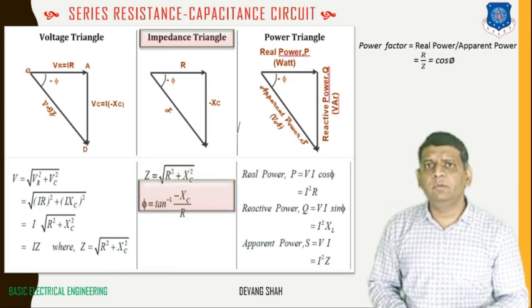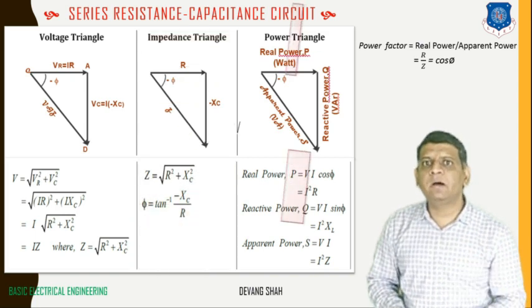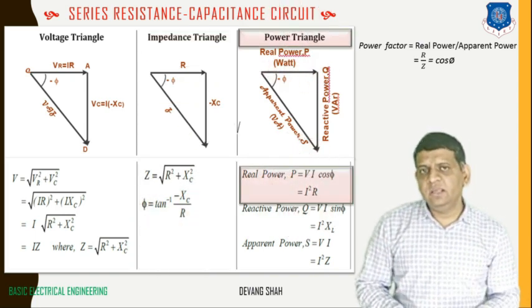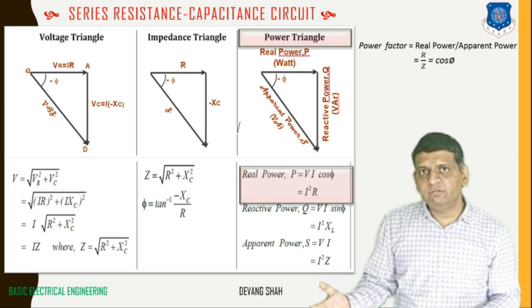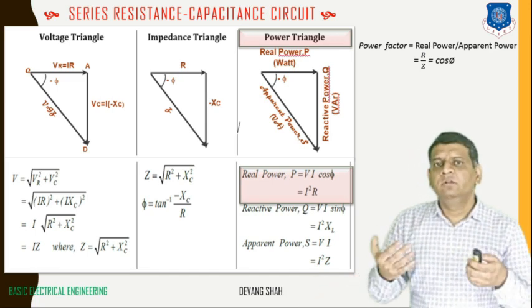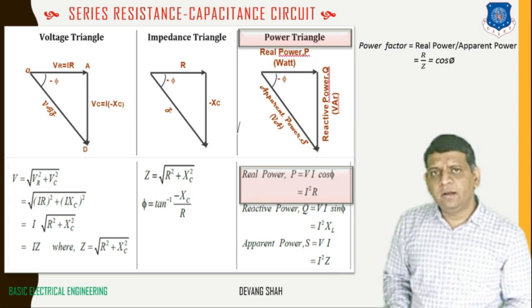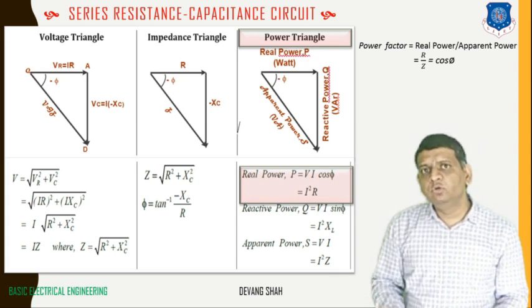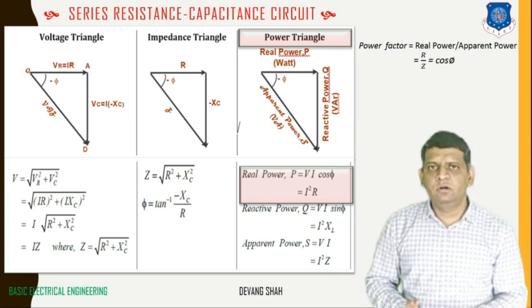From that I can find the power triangle, and in that power triangle you can see the x-axis is the real power, the y-axis is the reactive power, and the diagonal, the resultant vector, always gives you the power consumption of the circuit.